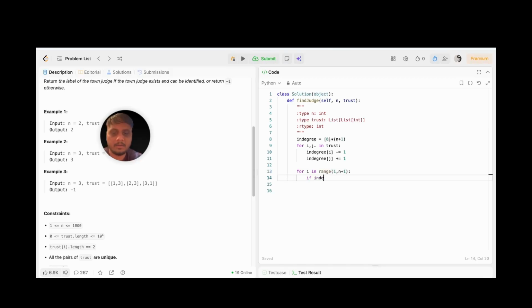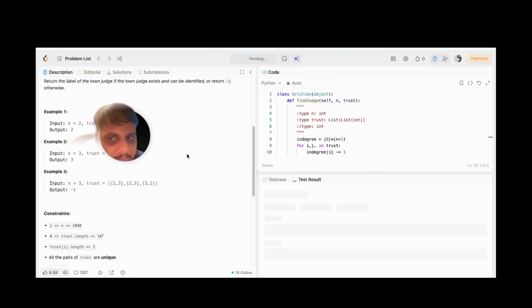If indegree i becomes n minus 1, return i, otherwise return minus 1. I hope it's good. Solution is good.